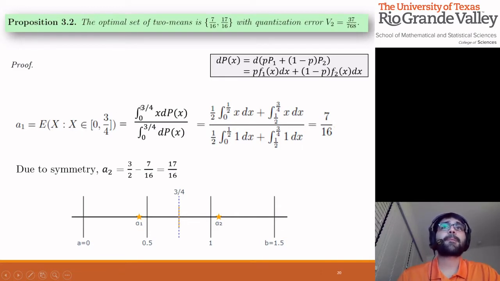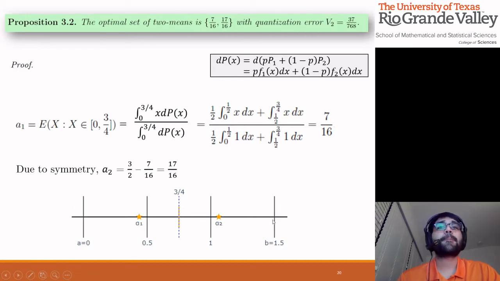After applying the definitions here and doing some calculations, we get that it's 7 divided by 16. And due to symmetry, A2 will be 1.5 minus what we obtained for A1, and we found out that it was 17 divided by 16.